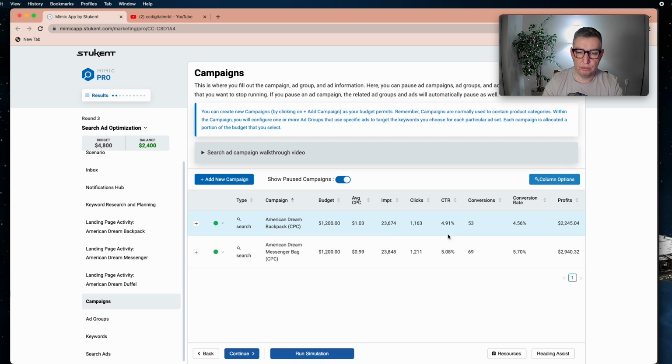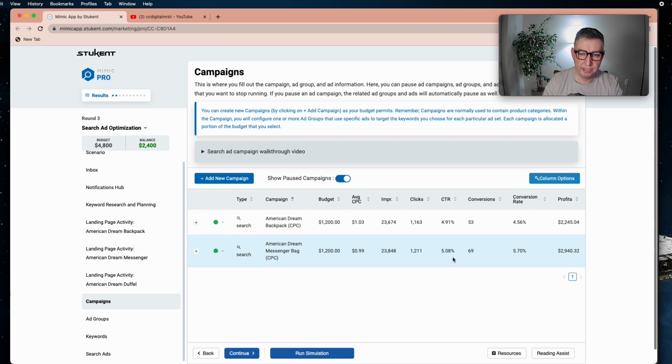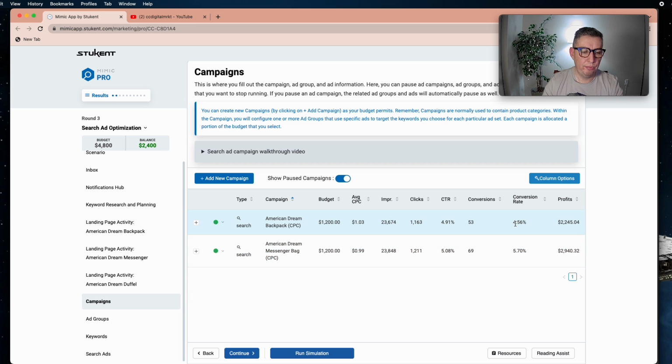So this went above the 3.17 we had to get, and then you have the conversion rate, which is 4.2. Also, we went above those numbers, so I would say both are quite successful.